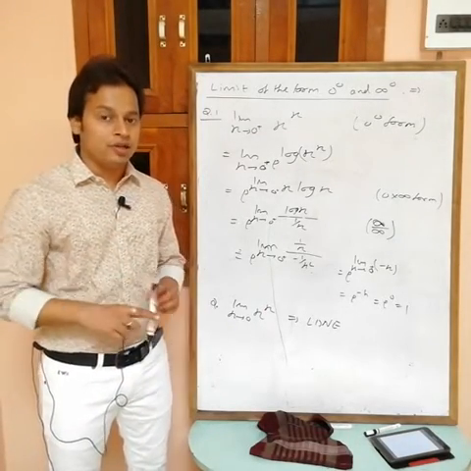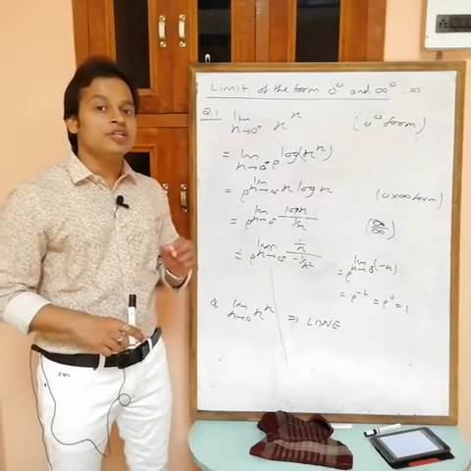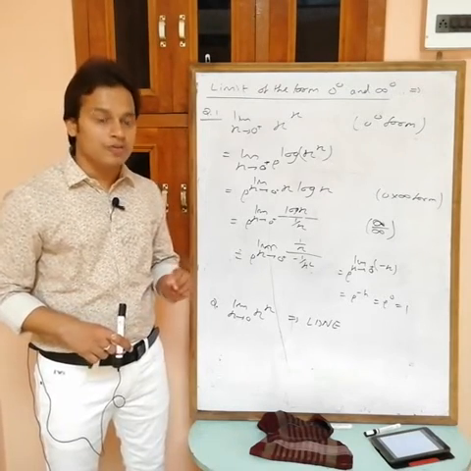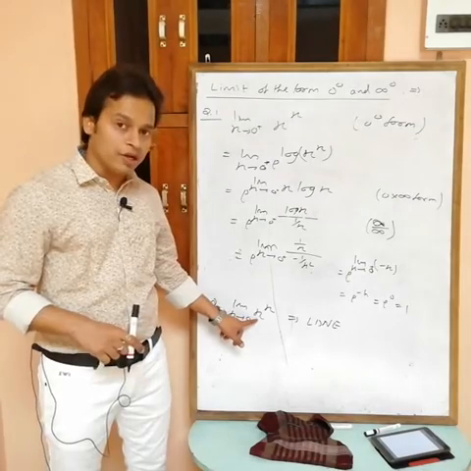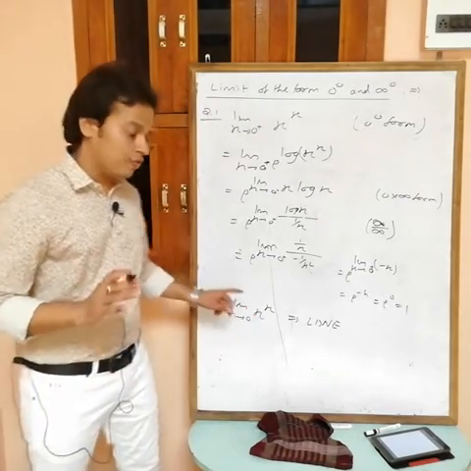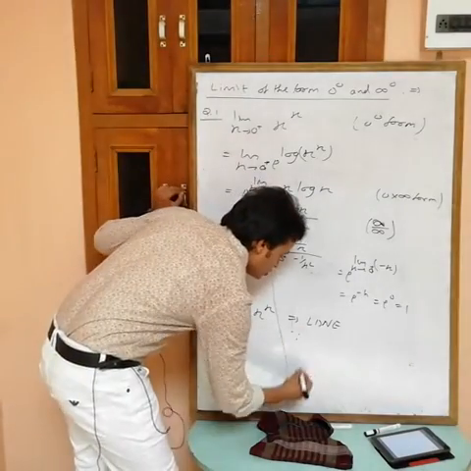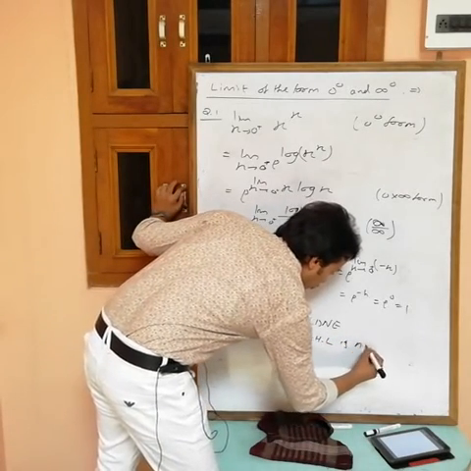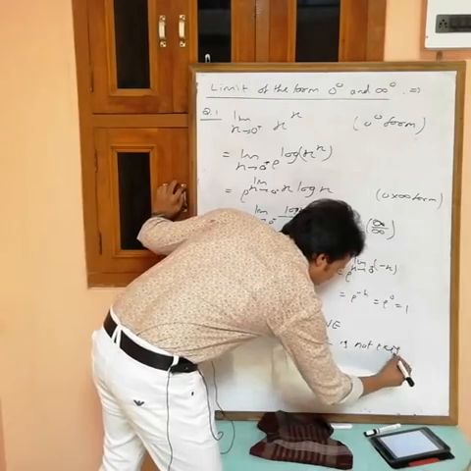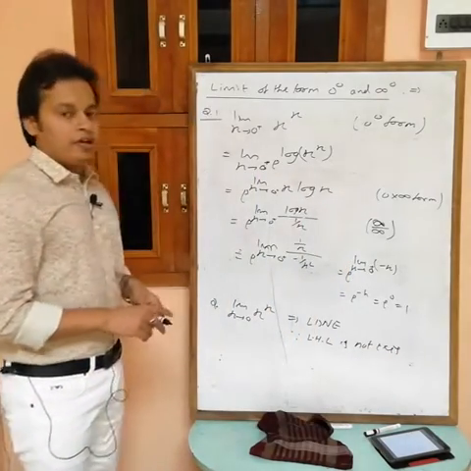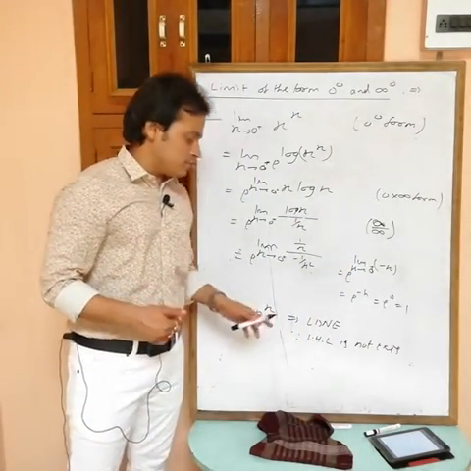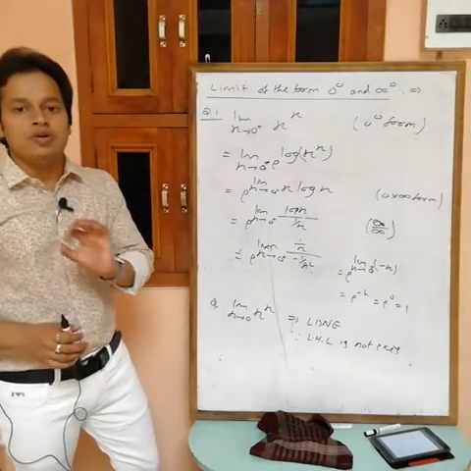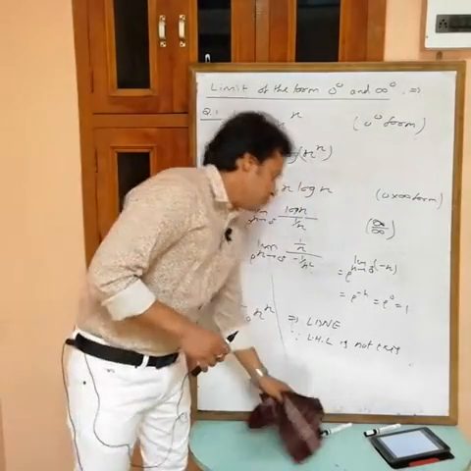LHL means value at 0 minus h, then x becomes negative, then the function is not defined. The reason is that LHL does not exist. If the limit is given only at x tending to 0, then the limit does not exist. Okay, write down.